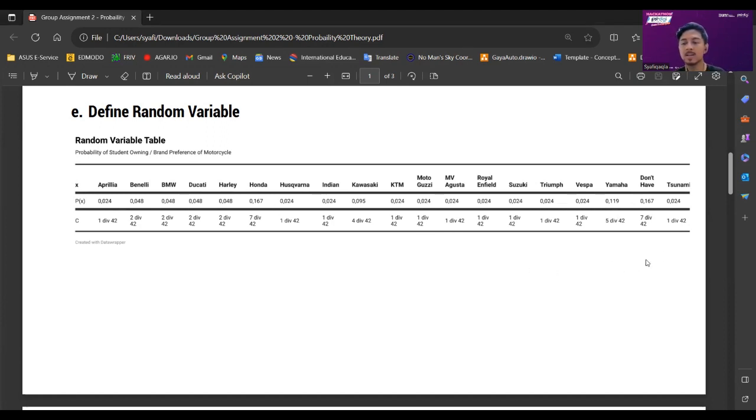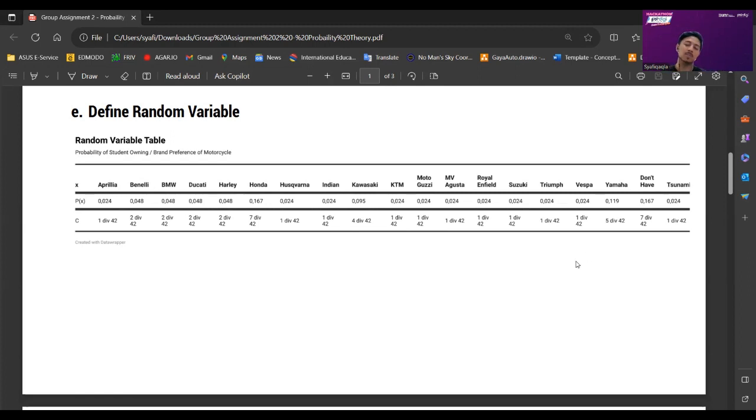And Tsunami is an excluded brand. We don't have it on the list. The students filled up the form themselves using self-submitted survey, so they input this brand Tsunami. So this is for the variance of the data.